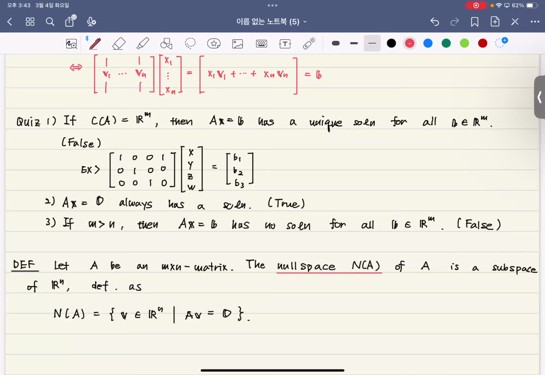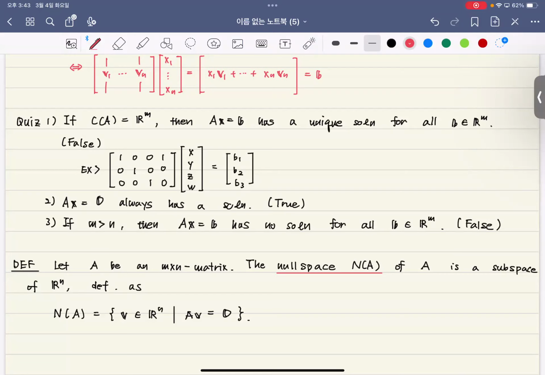Roughly speaking, the null space of matrix A is the collection of all solutions of this linear equation. You should be able to convince yourself that N(A) is indeed a subspace. Why? Not every subset can be a subspace.